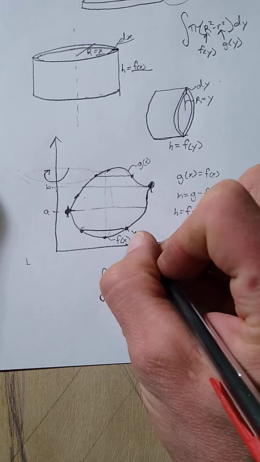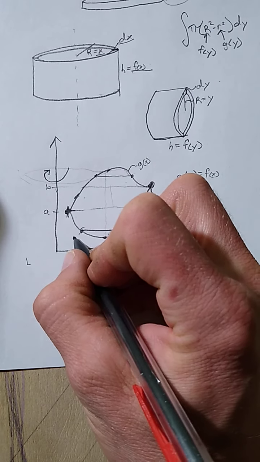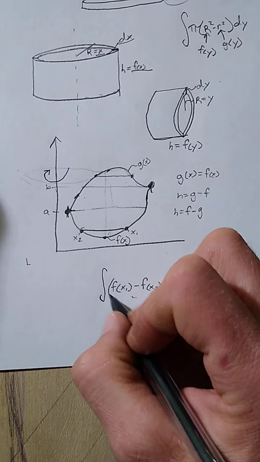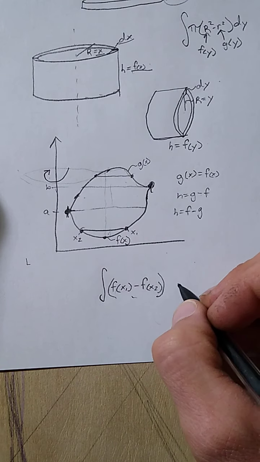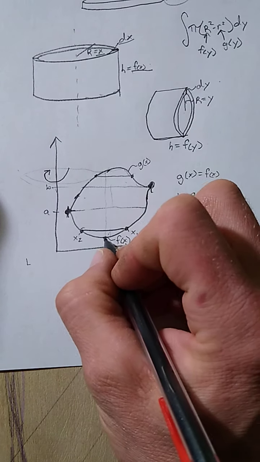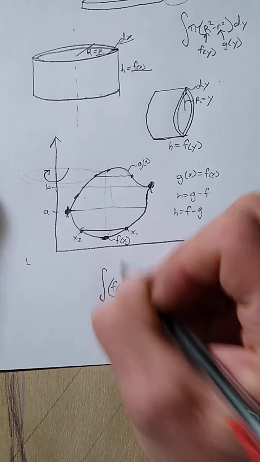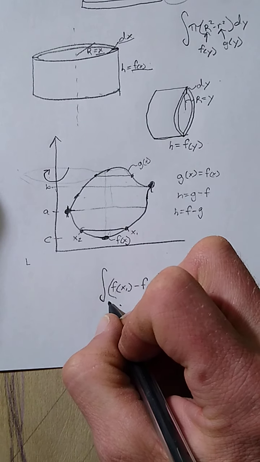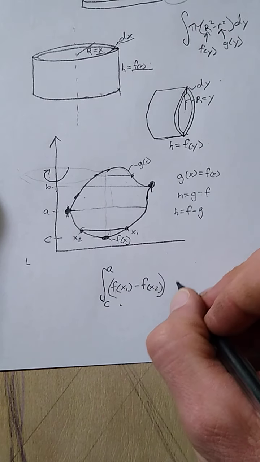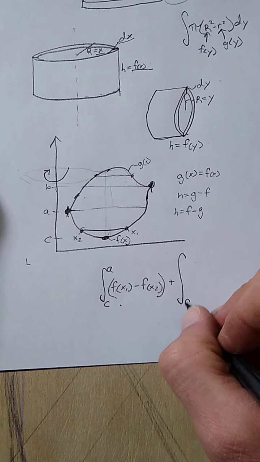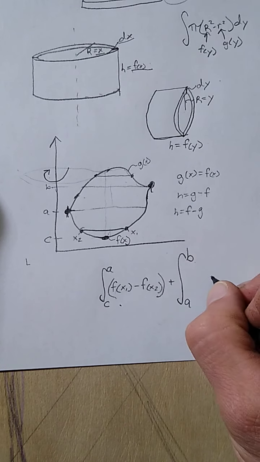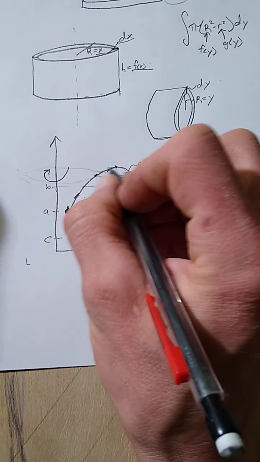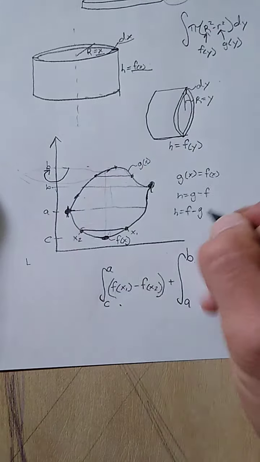So this would be like x1 and this would be x2. So that's my height. And then I'd have to integrate that from finding this value here. We'll say that has height c. So then this would be the integral from c to a, plus the integral from a to b, plus the integral from b to, we'll give that top point, we'll say it's d.